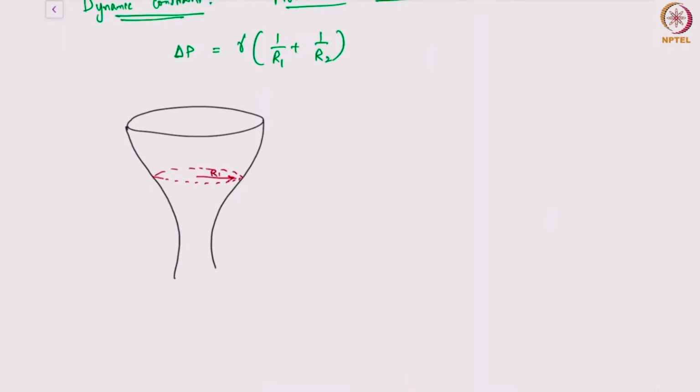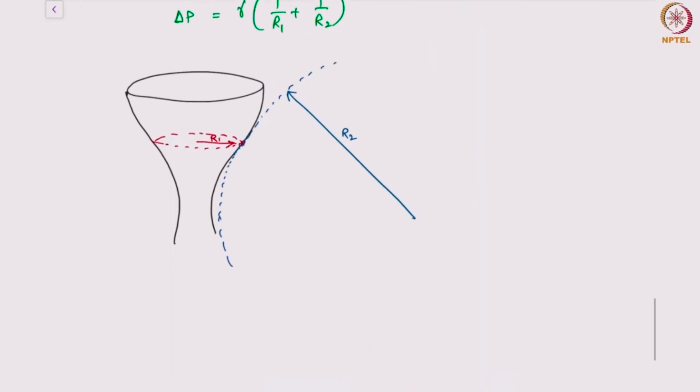We have R1, and at this point I have another radius, R2. So here delta P is gamma times 1 by R1 plus 1 by R2. And I also know one more thing, that since R1 and R2 are on different sides of the interface, 1 by R1 and 1 by R2 have opposite signs. I know this.